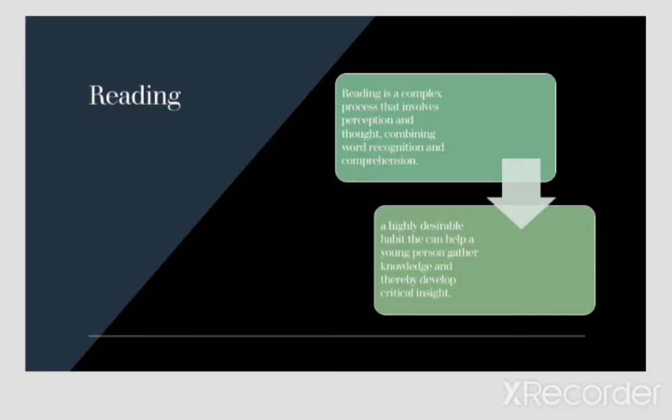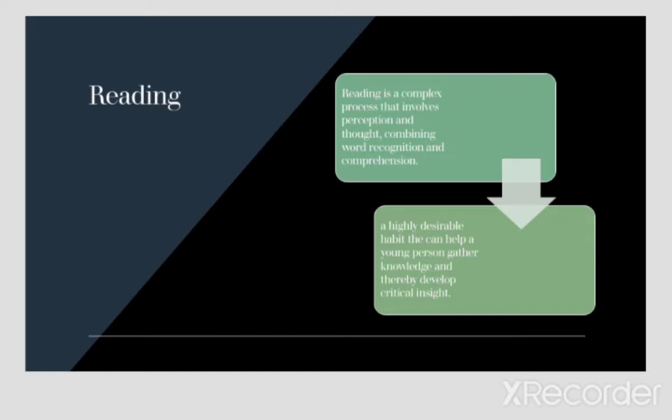And reading is a highly desirable habit. It helps a person to gather knowledge and also to develop a critical insight. That means critical thinking. Reading helps a person to develop critical thinking. So it is one of the highly desirable habits. So what do you mean by reading?